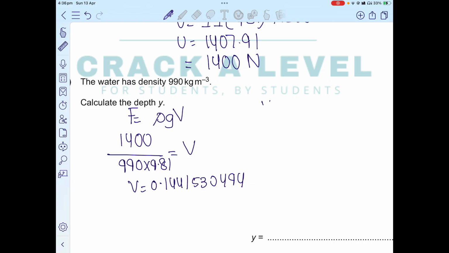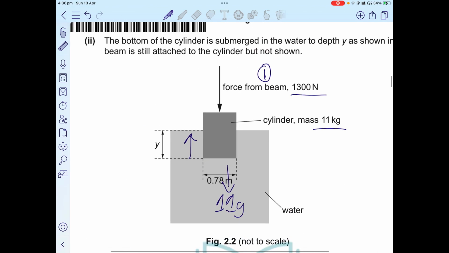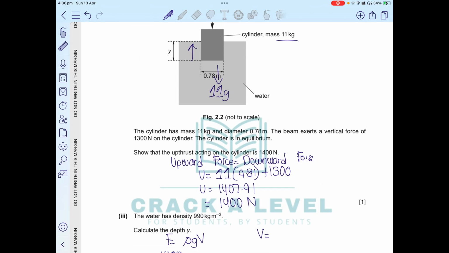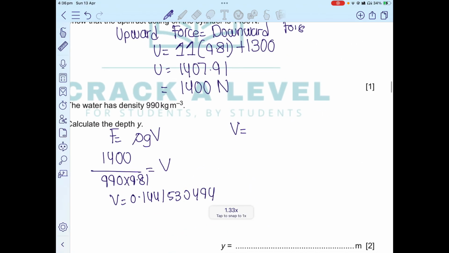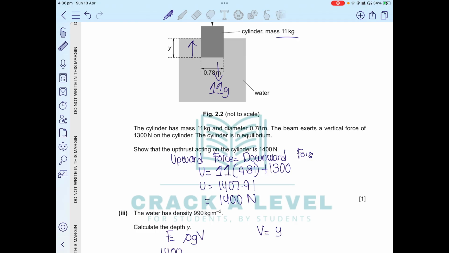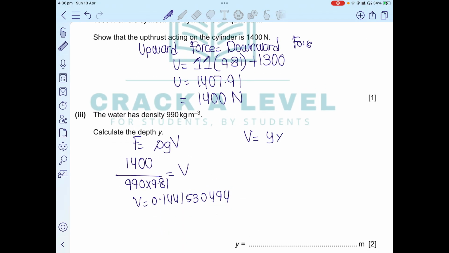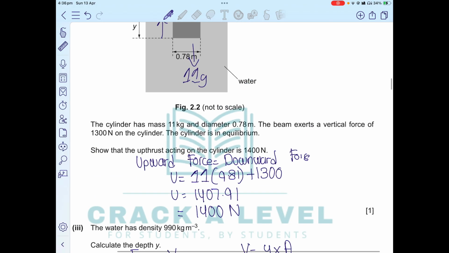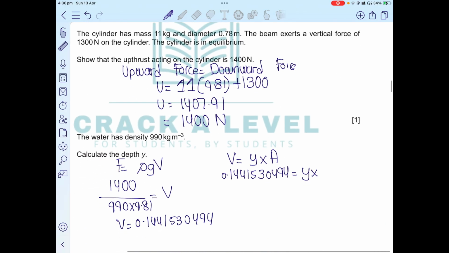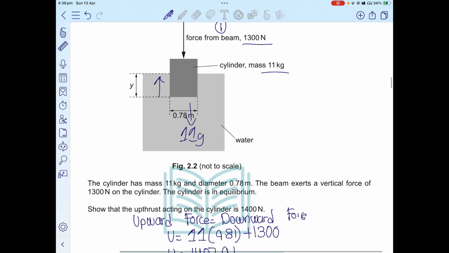Now this volume will equal the depth y into the area of the cylinder, because the volume of the cylinder is given by the area into the height. So 0.1441530494 is equivalent to y into the area. How do you find the area of a circle? The top surface will be a circle, and the area of a circle is pi r squared.